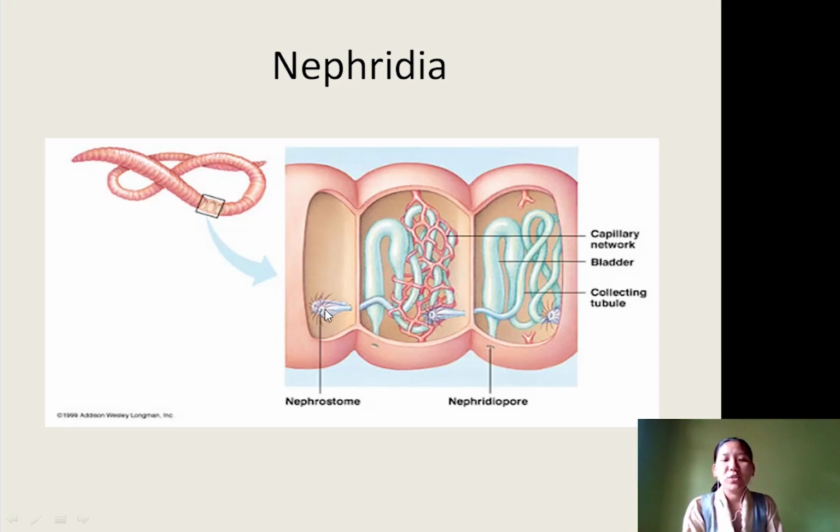This nephrostome leads into a tube, which is surrounded by blood vessels, and then this tube finally lets out towards the body surface through a pore called the nephridopore. So the waste collected in the nephrostome passes through the tubules, and whatever is required is absorbed back by the blood vessels, and finally the waste is let out of the body through the nephridopore. There is a nephridopore at each segment here.